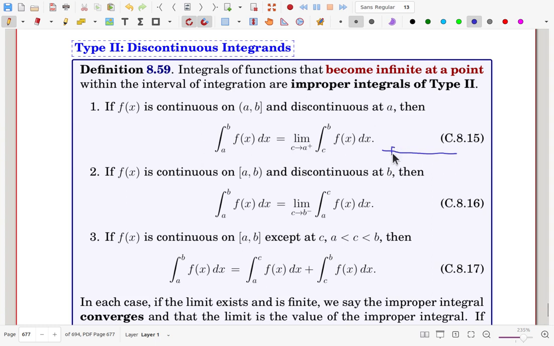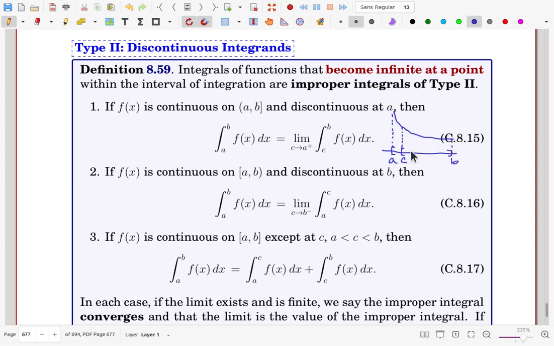Here there's a, and this is b. At a, the function value is blowing up so that it goes to infinity. Then we evaluate the integral from c, and then the value is bounded.